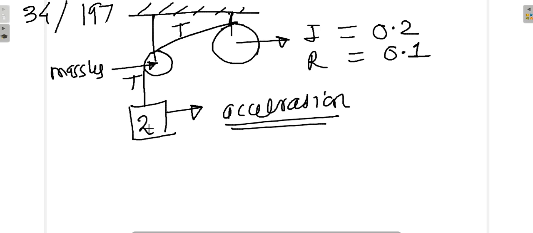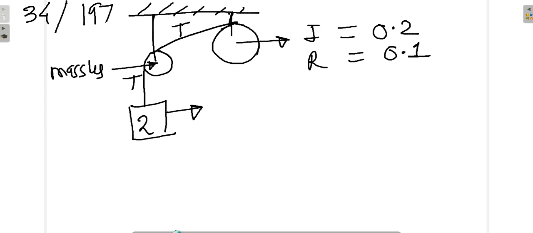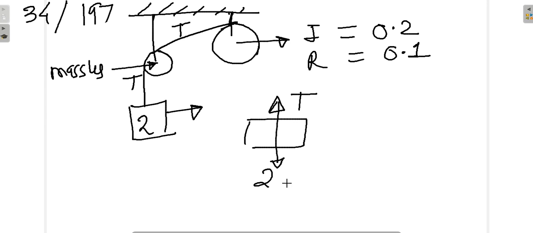So now let us draw the free body diagram of this block and pulley. Let us consider this 2 kg mass. The 2 kg mass will be sliding down with an acceleration a. What are the things acting on the 2 kg mass? The tension T is acting in the upward direction. The weight 2g is acting in the downward direction.